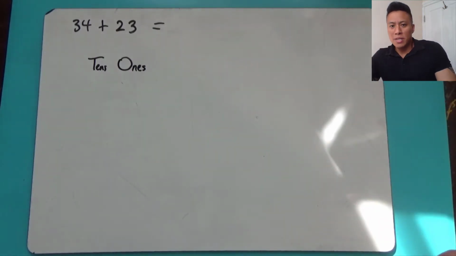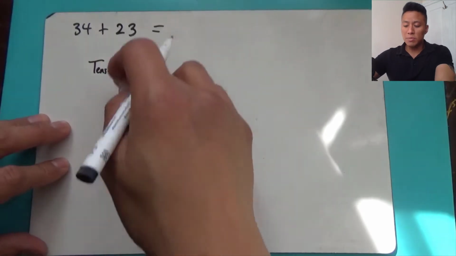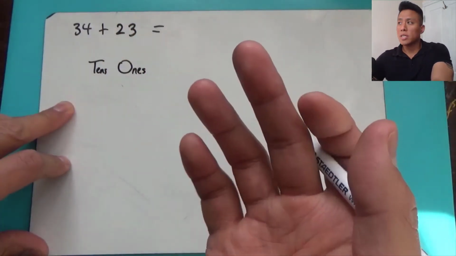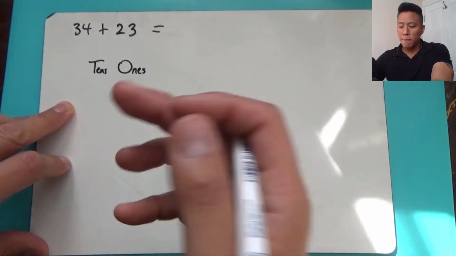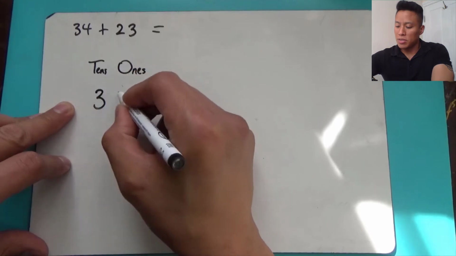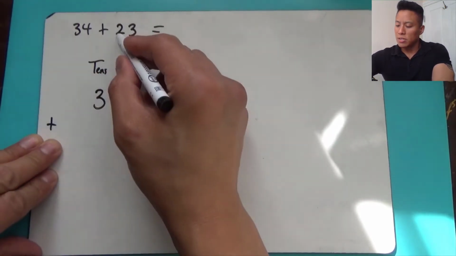It's important that we line up the tens all in the same column and the ones all in the same column. When you've got squares, it's easy to write it down. So let's do it here: 34, and then we're going to add them together, 23.